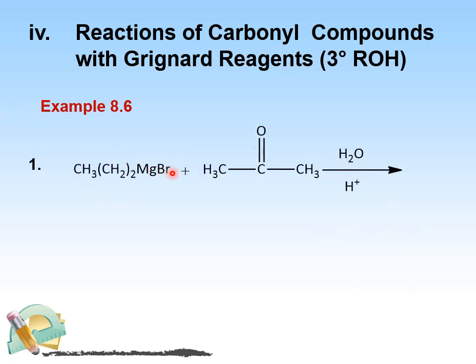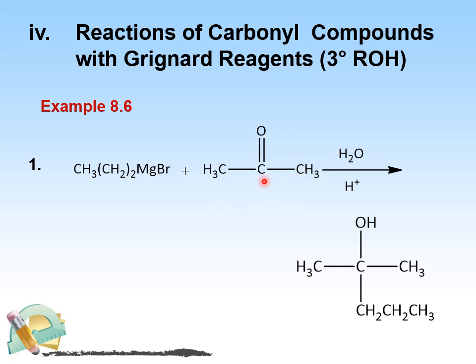The last type of reaction that we're going to look at is the preparation of tertiary alcohol by using a propanone over here. So we are going to get a tertiary alcohol. Why? Because we have 3 types of R. R coming from the Grignard reagent, R coming from the ketone.